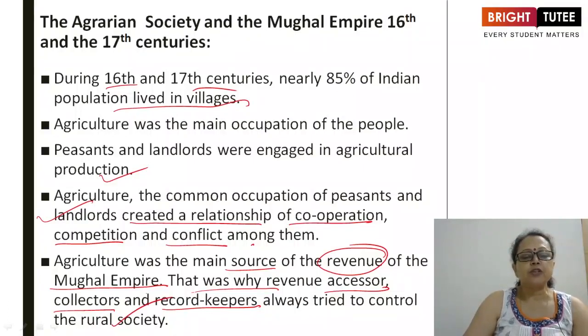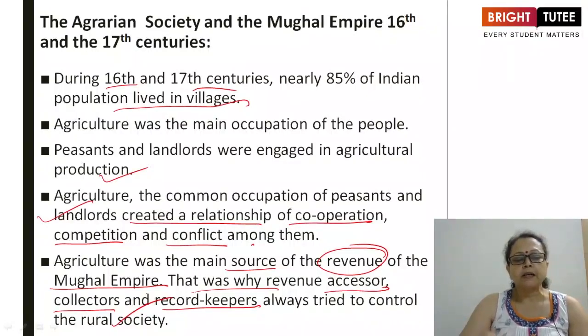Whoever the revenue assessor was during the Mughal Empire, whoever could assess, collect, and keep the records, they always tried to take control over the rural society.